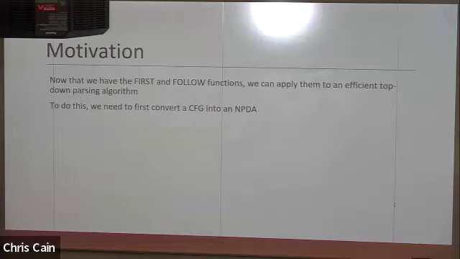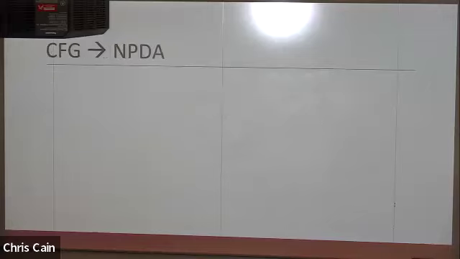We were using Greibach normal form to do this. We converted the CFG into an NPDA, but there's going to be a separate process that mimics LL parsing as well. We can actually see how it works. So let's see a second way of converting a context-free grammar into an NPDA.